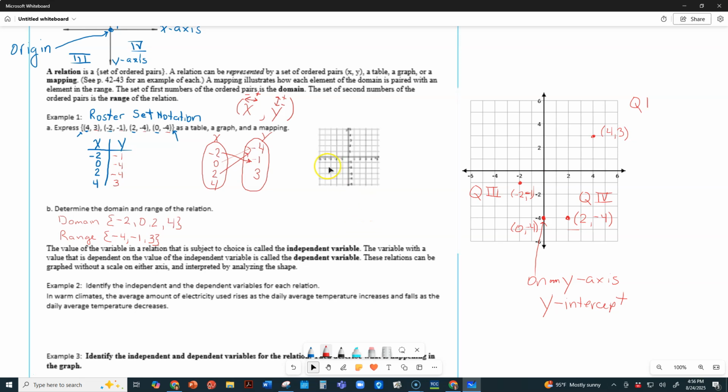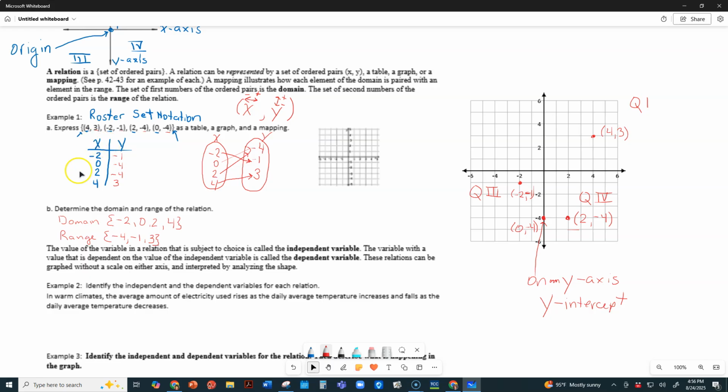So yes, -4 has two arrows pointing at it, and that's okay. And then we're going to see finally that this 4 right here maps to 3. So we're going to draw an arrow from 4 to 3. And that's how we do a mapping.